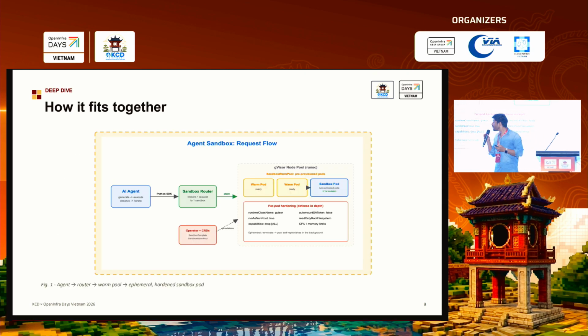Now, how it all fits together, this is what I was trying to explain. Your AI agent just wrote some code, it generates something. Then you can integrate it either with the Python SDK of the agent sandbox, and there is a Golang SDK as well. And the request goes to the sandbox router, where it sees which particular warm pool this request has to be forwarded to. Then it makes a claim onto that warm pool.